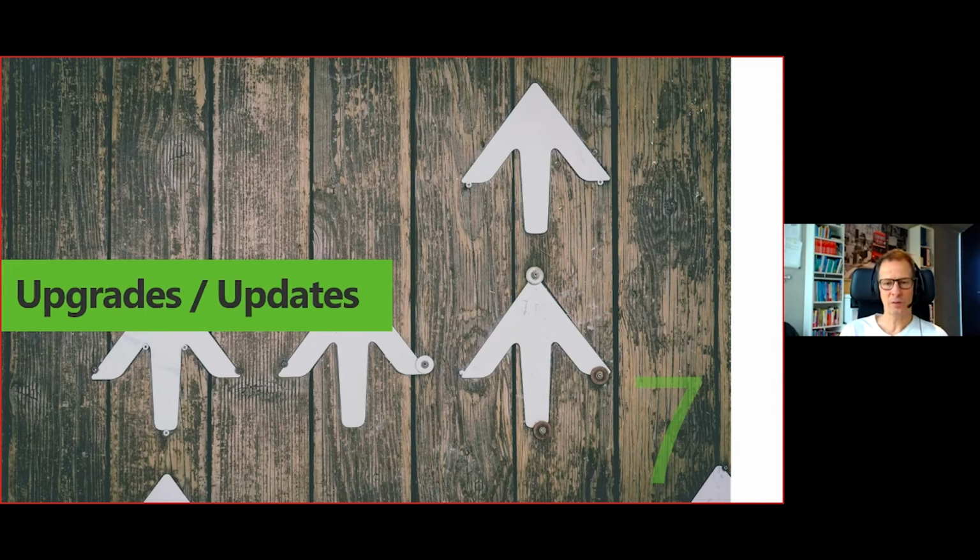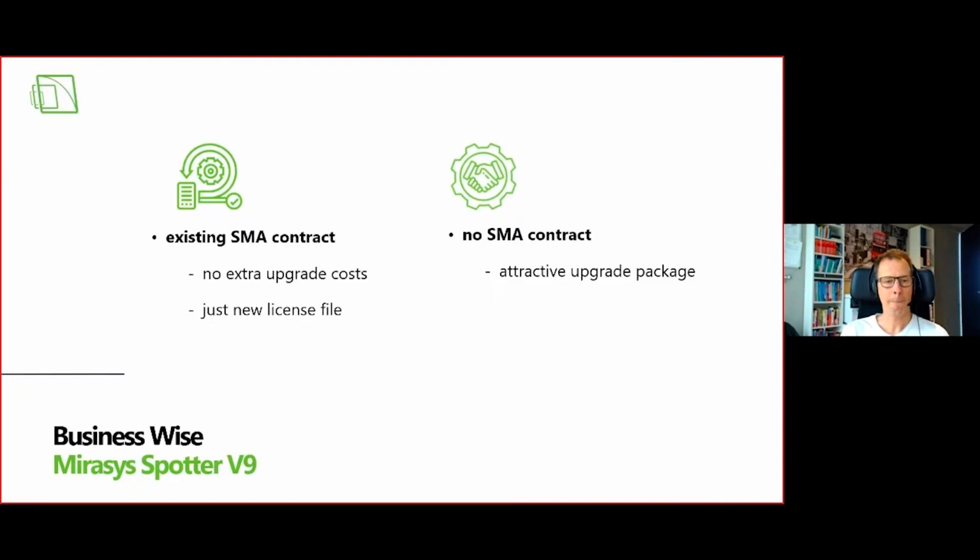And how is Mirasys as a company reacting on upgrades and updates? So when you are buying the license from us, the license is containing an SMA, software maintenance agreement, for 1 year. That means within 1 year, you have the right to update and upgrade the system to the major versions.